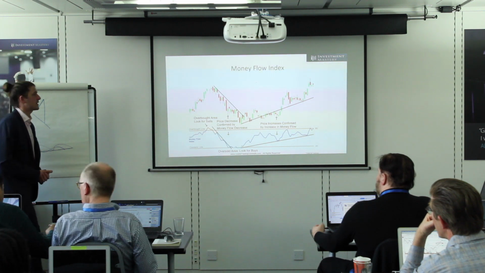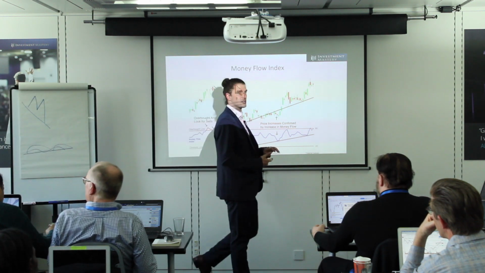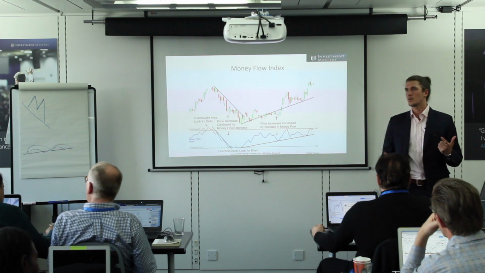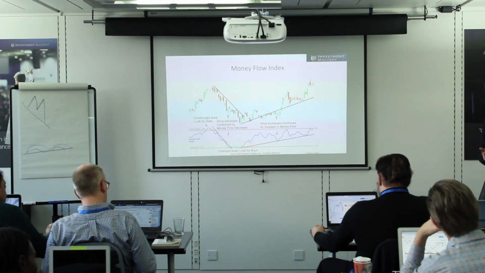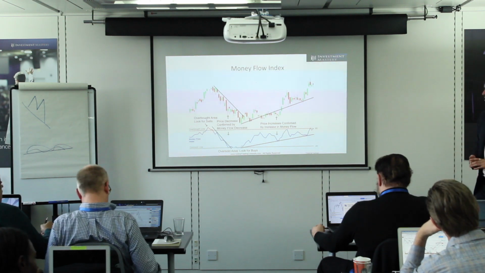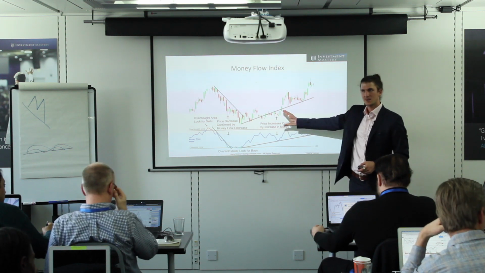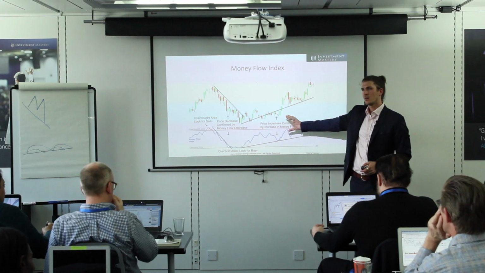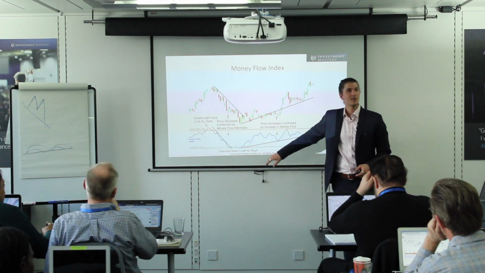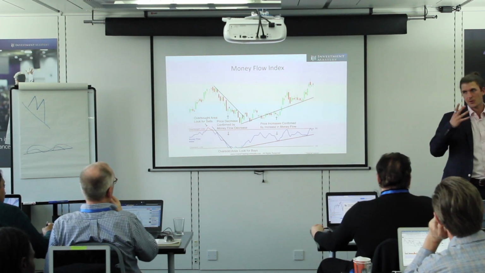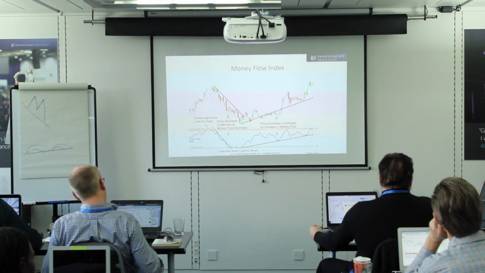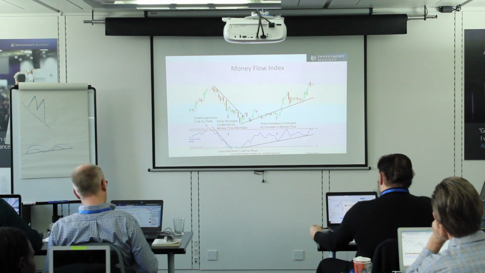You could use one of them, but they're good to use together because they give you extra confidence since they're showing different things. The RSI reflects the price relative to itself, while the MFI reacts to the volume. So you take both the volume and the price into consideration.